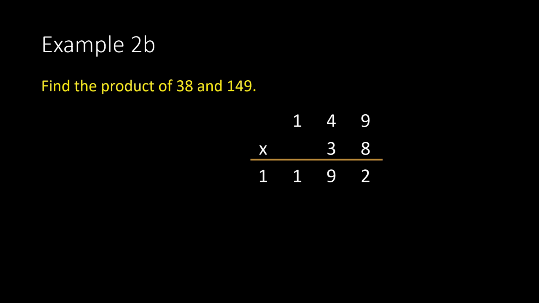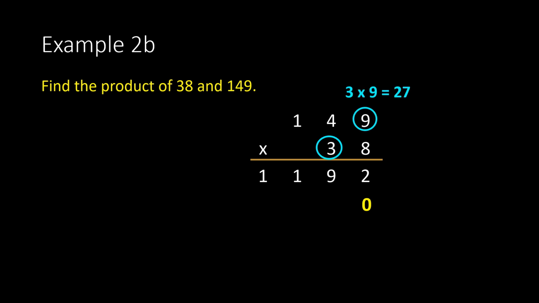Now we start multiplying by the 3. And of course, since this 3 actually represents 30 in the 38, we need to place a 0 here and then start multiplying.